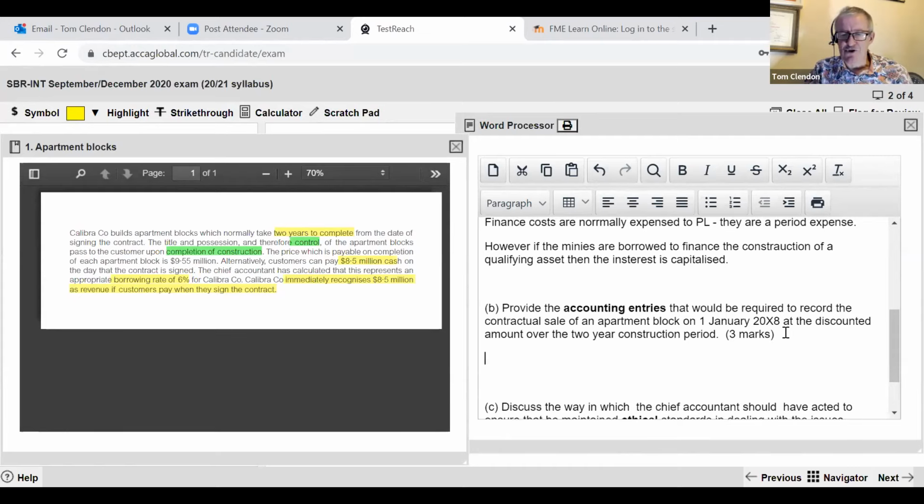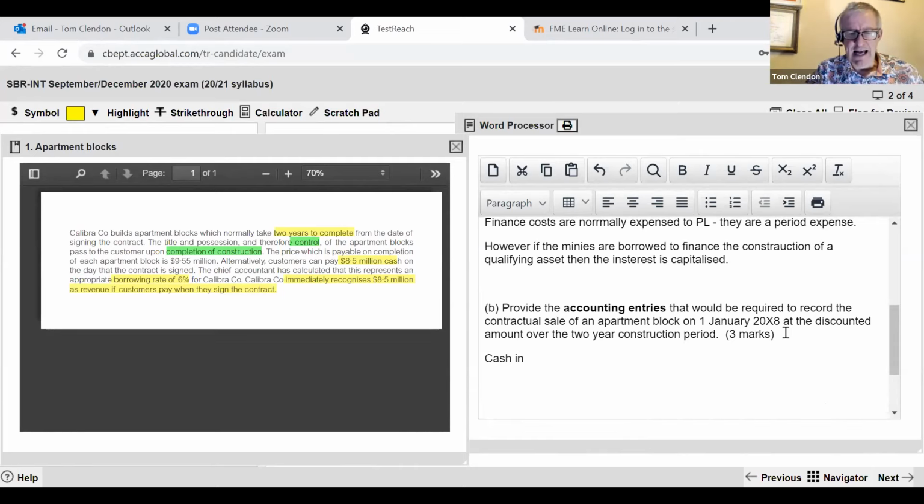Now, the accounting entries could be done in a journal form. The accounting entries could be done in a table. But the first thing is that we have cash in, and the cash in is 8.5 million.